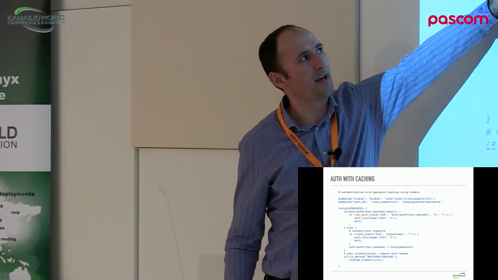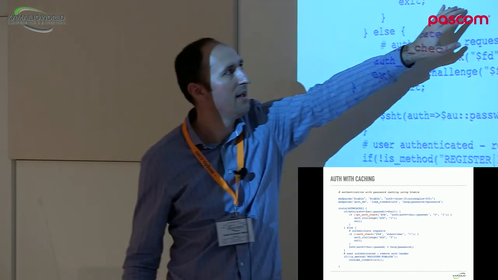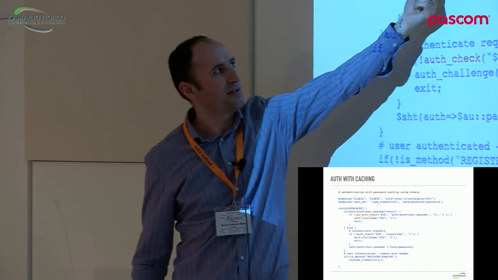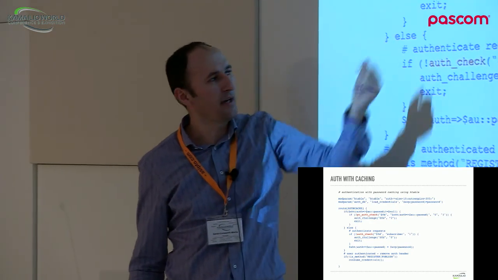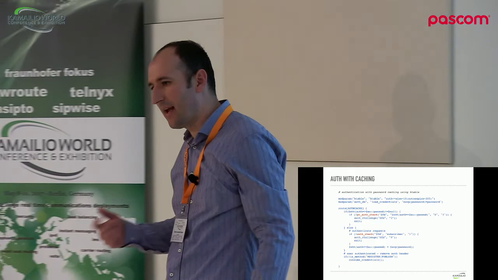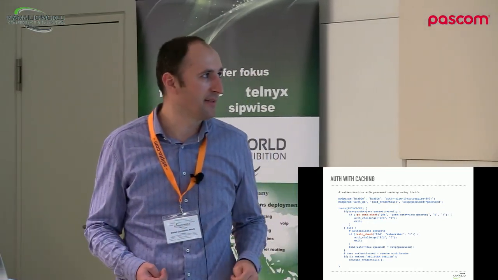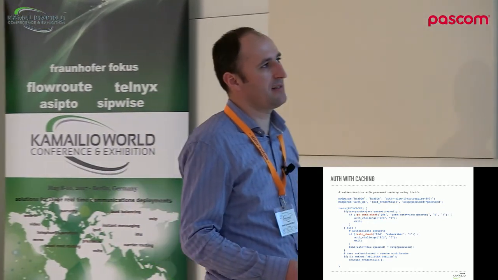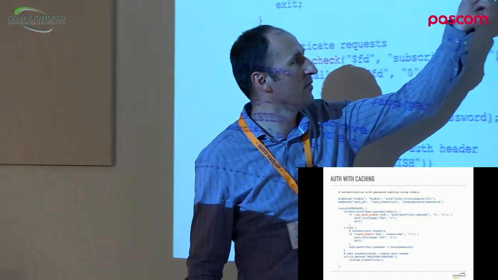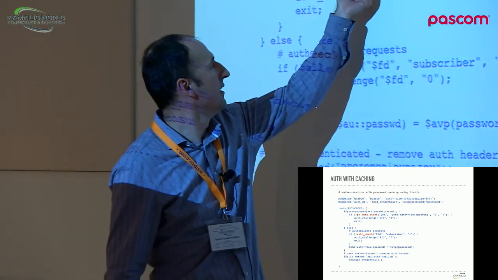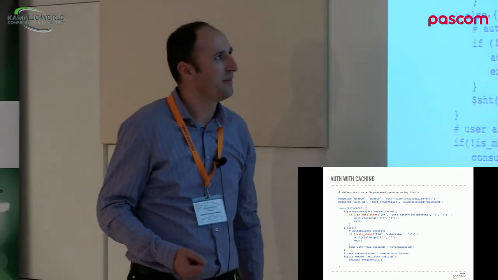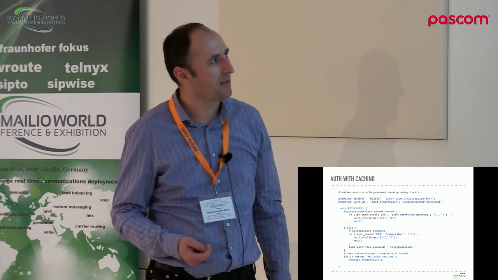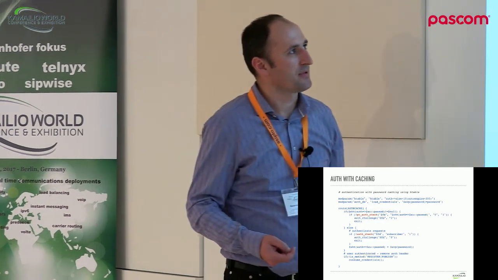This is the name of the hash table as we define it here, and this is a variable that is going to be used as a key. $AU is the authentication username, Daniel, Ole, whoever registered at that time, and this is a static string that we put here, actually, : password. It's up to you to use. Only this is a variable, expanded using the value from the request processed at that moment.